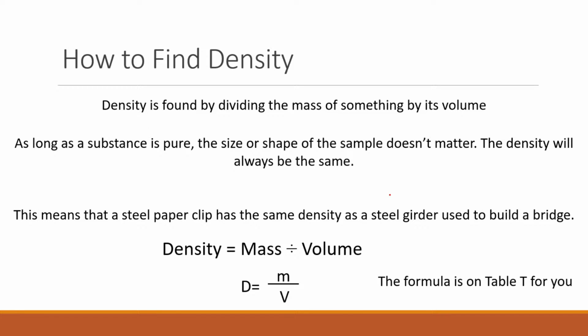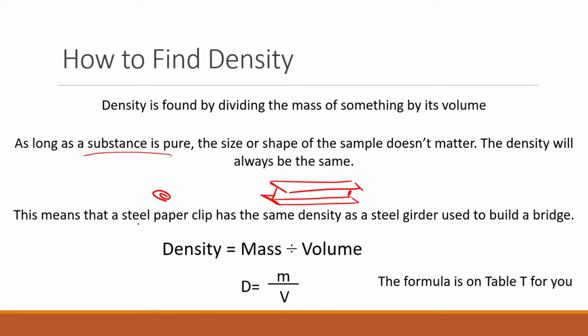On top of that, if you've found the density of a substance, you can use that density to help identify other samples of that substance. Right? As long as a substance is pure, the size or shape of the sample will not matter. The density will be the same. So if you have a paper clip that's made of steel, and you have an I-beam that is made of steel, right, those substances will have the same density.